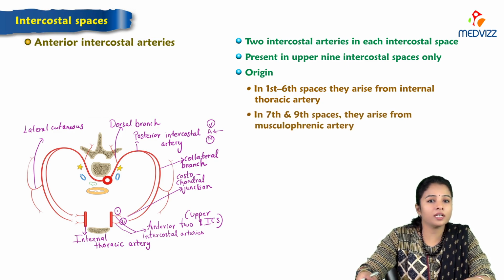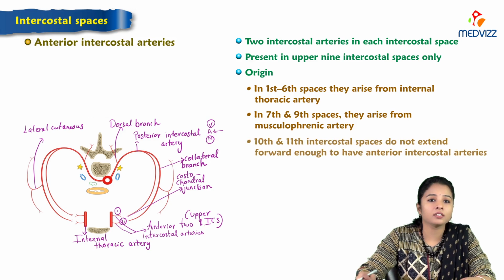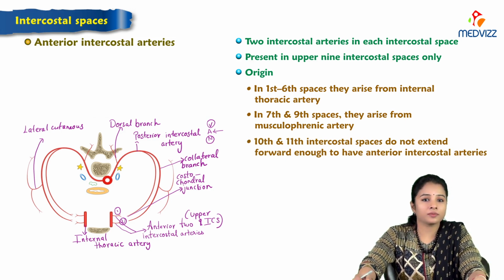And in 7th to 9th spaces, they arise from the musculophrenic artery. So the 10th and 11th intercostal spaces do not extend far enough forward to have the anterior intercostal arteries.